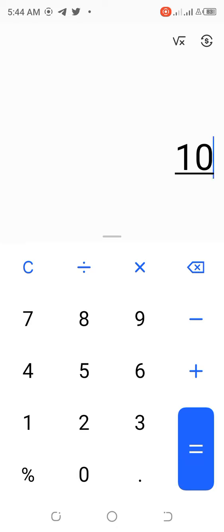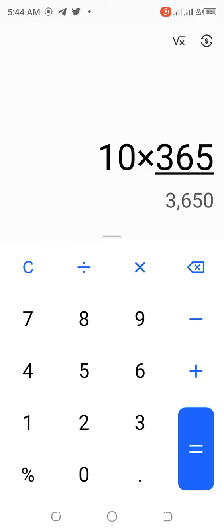So too sure, and you decide to stake 10 cedis every day by 365. So that means you are using 3,650 Ghana to stake the numbers in a year.